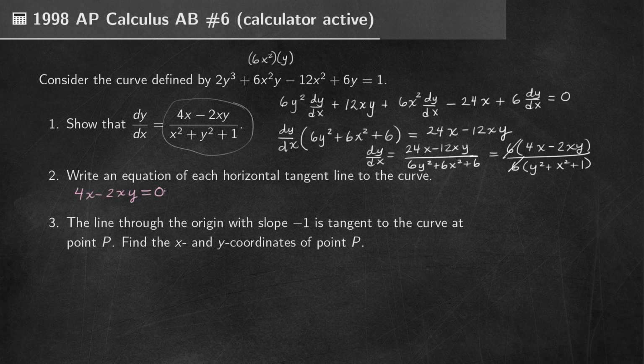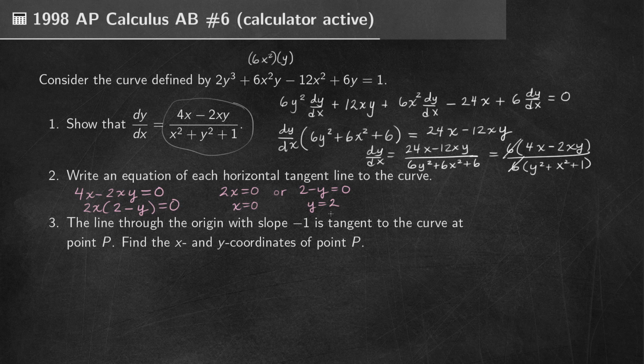But here it's a little bit different because I noticed that I can factor out a 2x here, leaving me with 2 minus y equals 0. And since this is in factored form and one side is equal to 0, I can now set each factor equal to 0. So I get 2x equals 0, which means x equals 0, or 2 minus y equals 0, which means y equals 2.